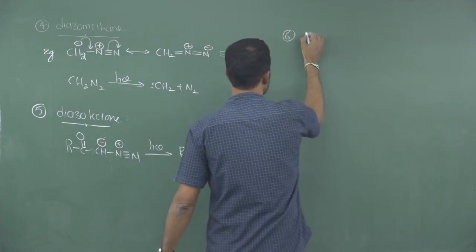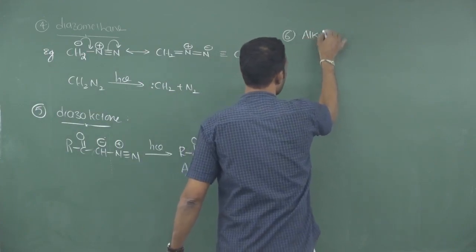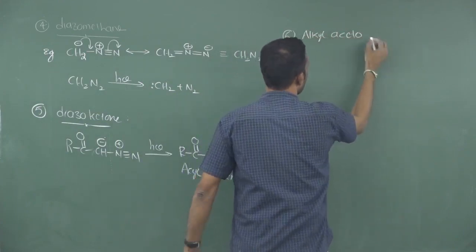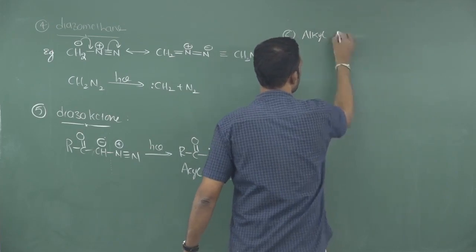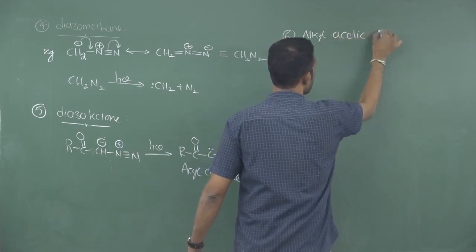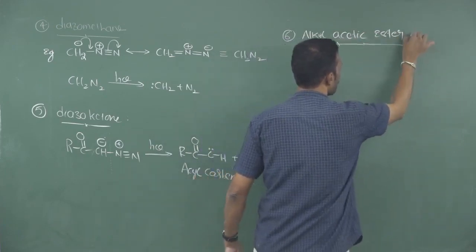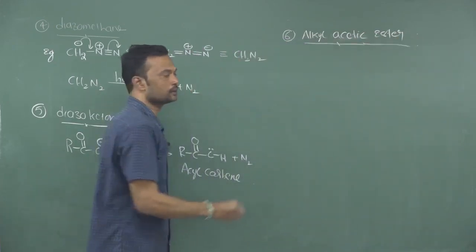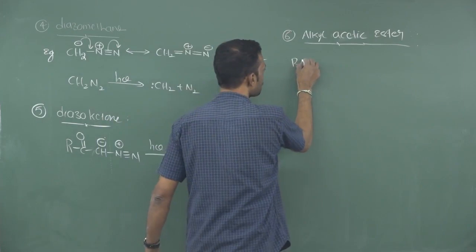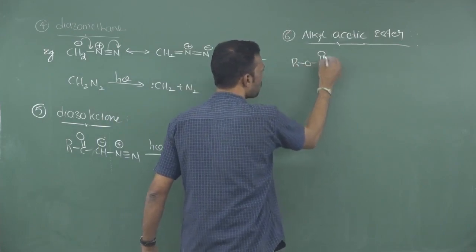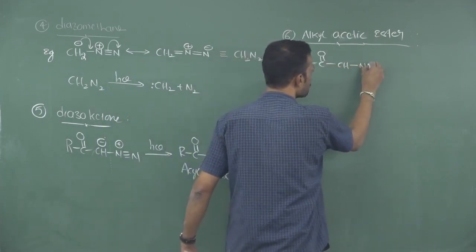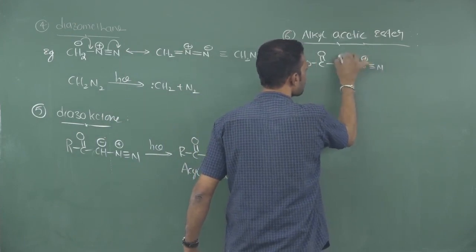Next, see, here we can also use alkyl acetic ester. It is also one more process to generate a carbene. So alkyl means I can write like this: RO attached to C double bond O, and here CH nitrogen triple bond plus, and this is minus.